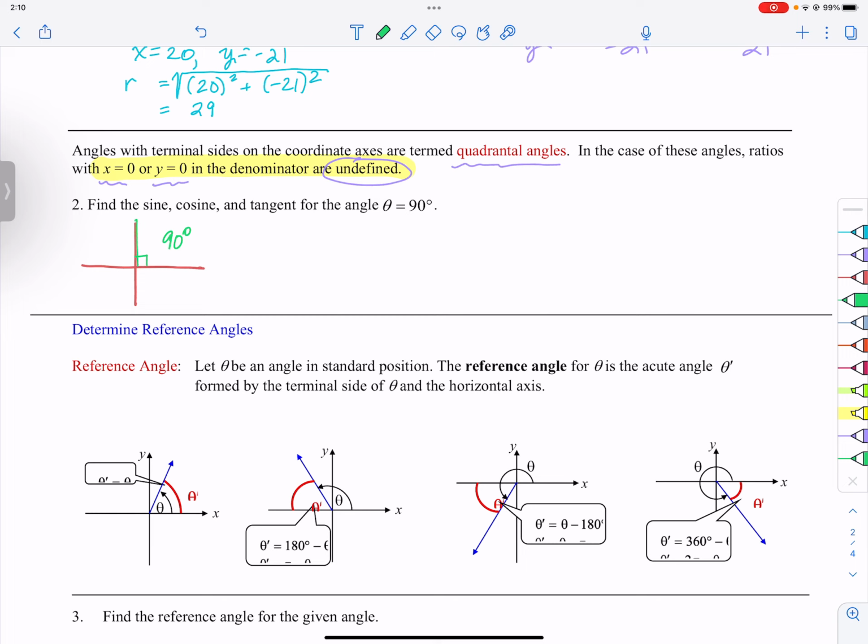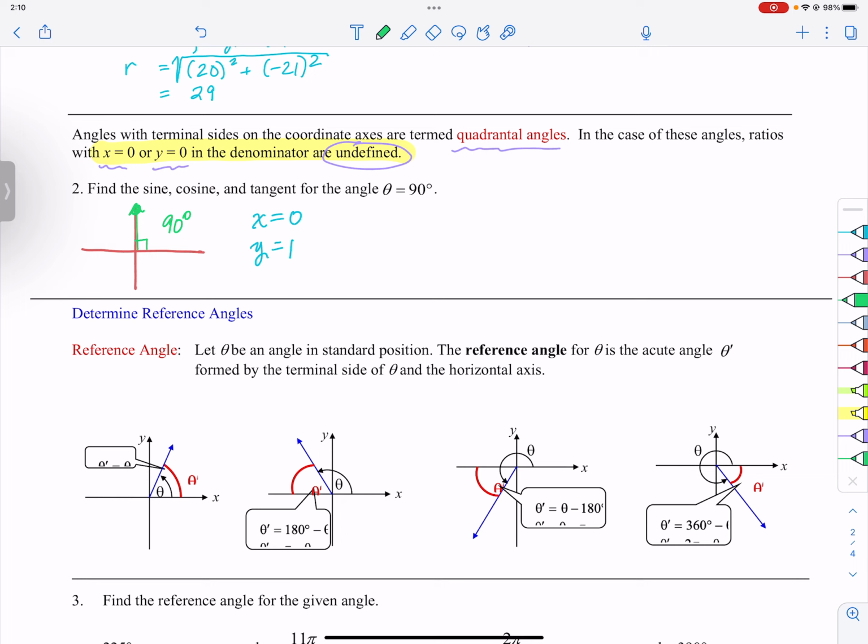We're right here, and x is equal to 0 and y is equal to 1. And so what do we have? We have that r is the square root of 0 squared plus 1 squared. So r is equal to 1.